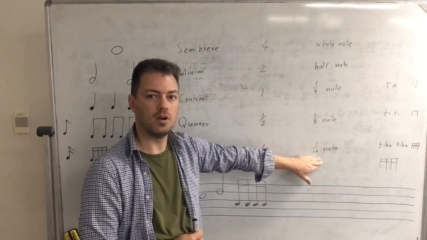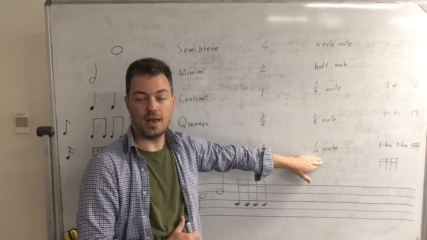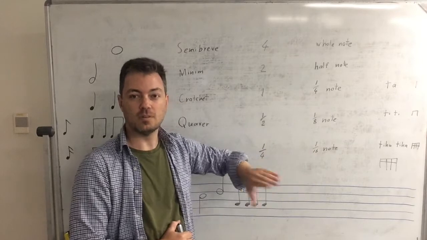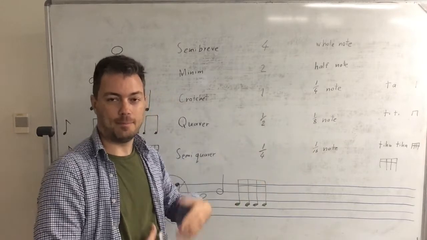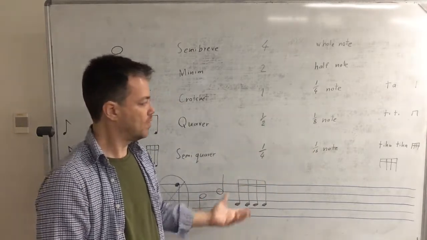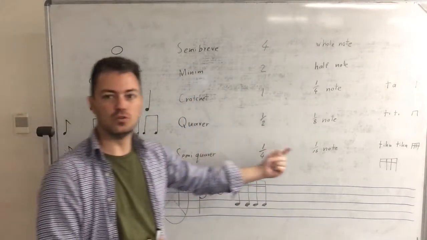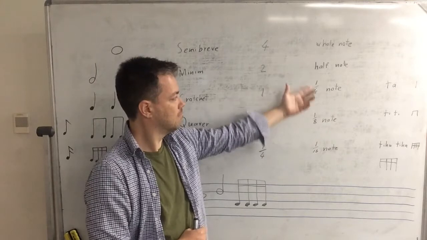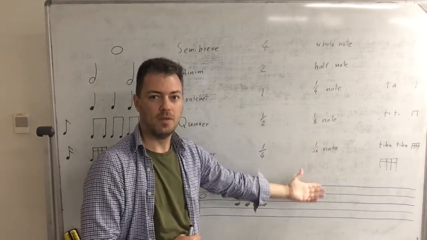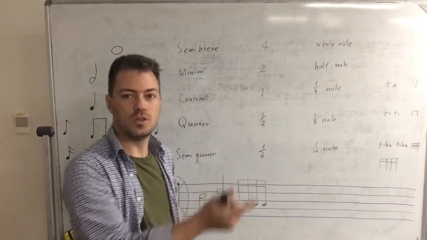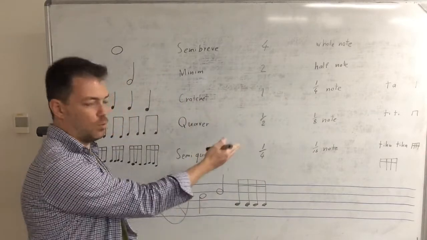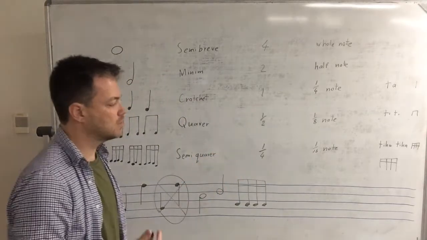When we use programs like Logic and Finale, those programs are written and made in America. So when they have notes, they will refer to them as half notes, whole notes, and things like that. So we do need to know that when we use those programs, because they will refer to them as those types of notes.